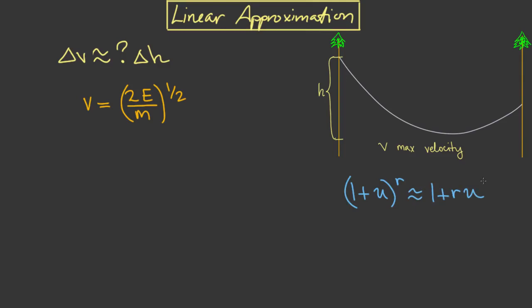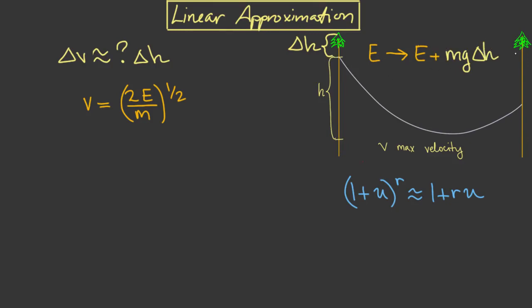So now let's think about what happens to the velocity if I change the total height by some small amount delta h. Well, this is going to change the total energy in my system because I'm going to add or subtract some small amount of potential energy. So the new system energy is given by E plus mg delta h.